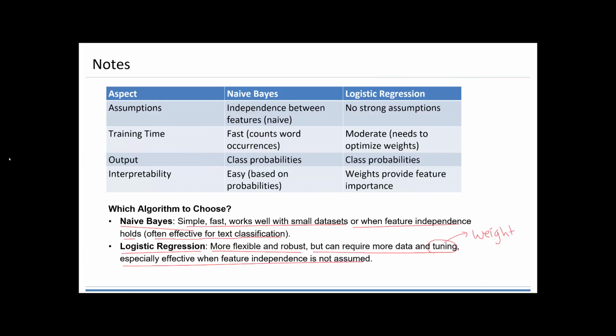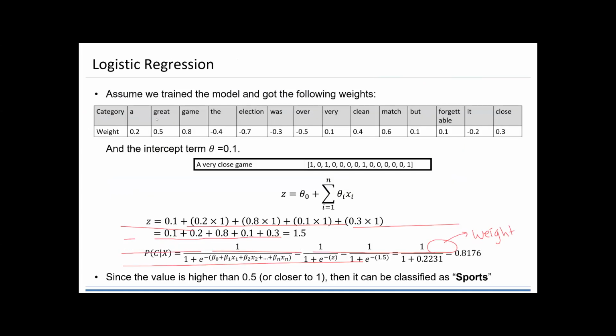For feature independence, in this case, I don't see any correlation between the, crit, and game. And there is no correlation between the and election. But in some cases, maybe we can see some, like in the current states, we know about Donald Trump. There is a high correlation with the word president, or maybe former president.